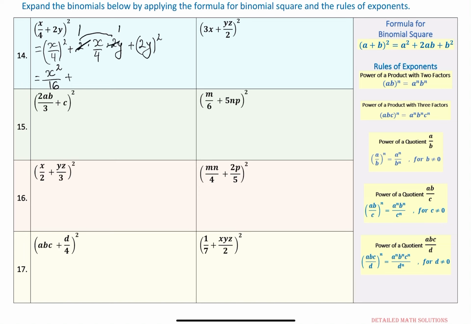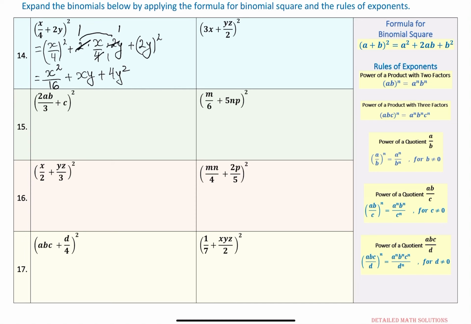We have division 4 by 4, therefore it equals 1. So we have xy as a middle term, plus 2y in parentheses squared. If we use the rule of exponents for power of a product with two factors, then we have 2 squared times y squared, which is actually 4y squared.